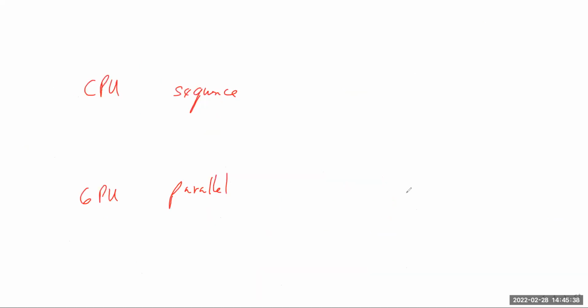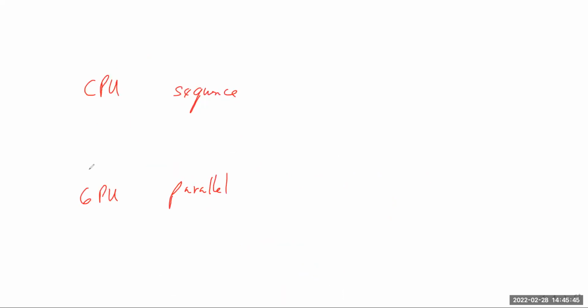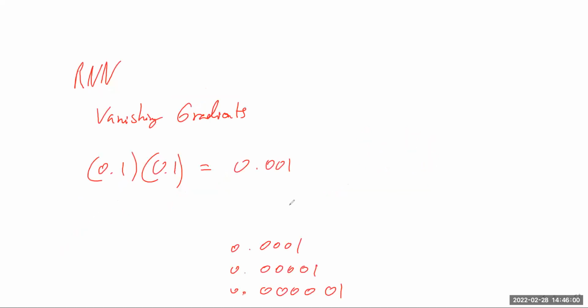So those two problems, the vanishing gradients, which I wrote over here, and the fact that it doesn't parallelize well for GPUs created basically a weakness for RNNs. Okay, so RNNs were not very effective because of that. And so around 2017, a paper came out by Vaswani et al.